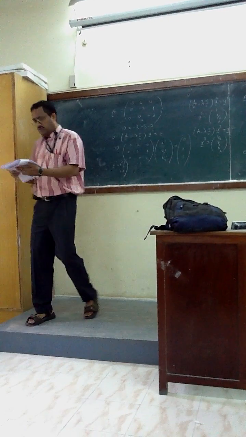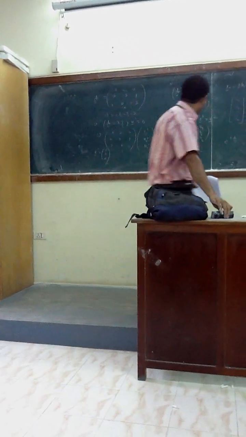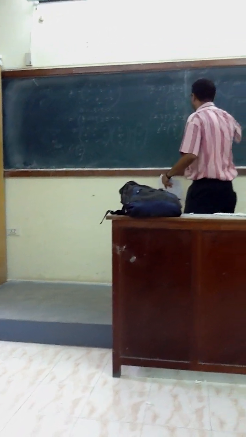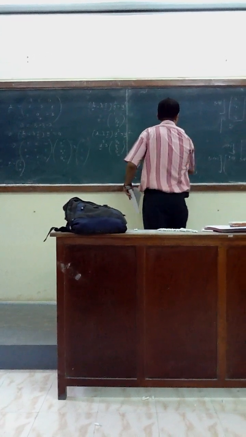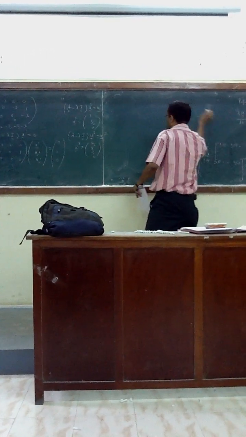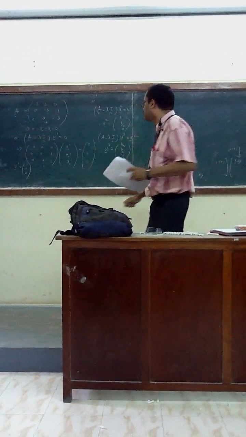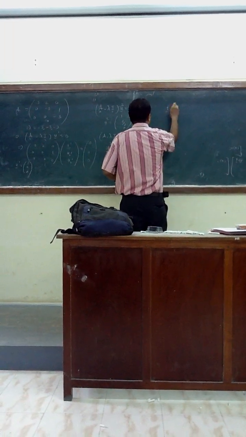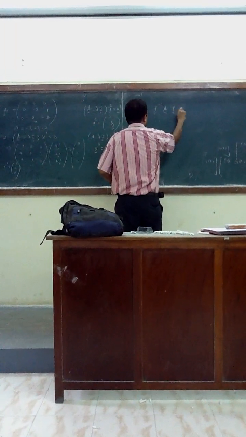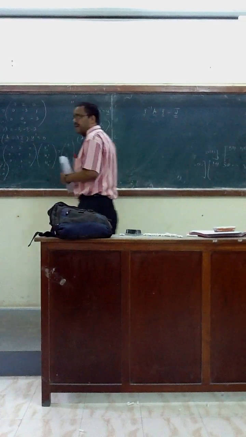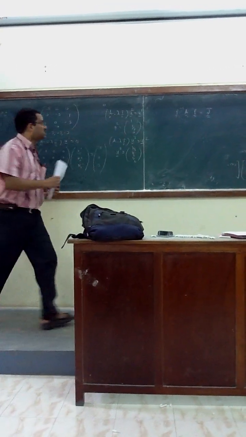So now, what will be your J matrix? P inverse AP equals J. Can you verify what your J should be?